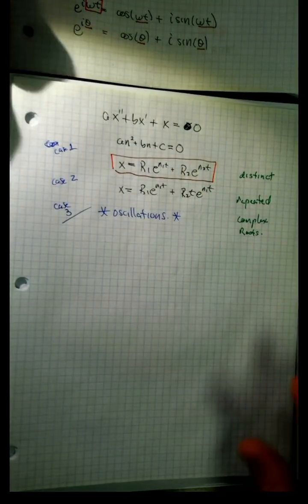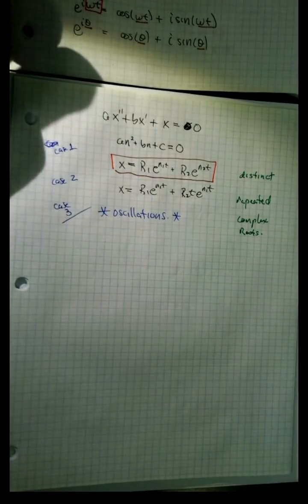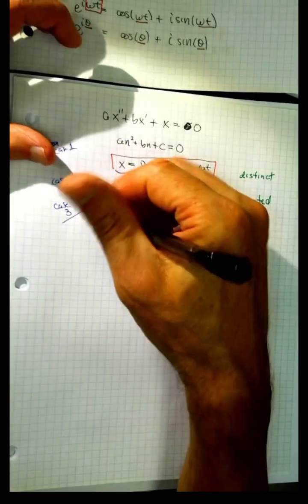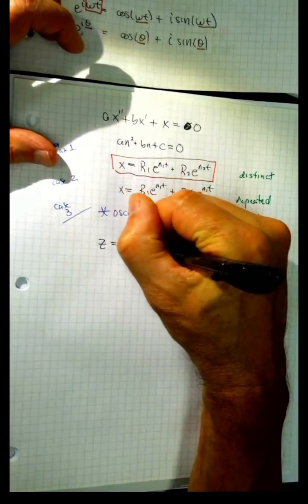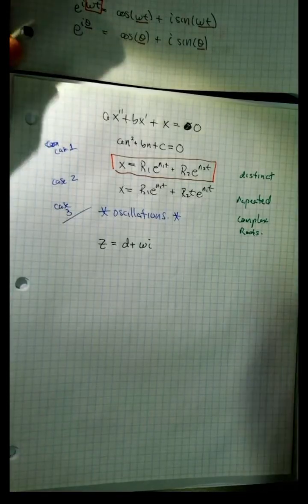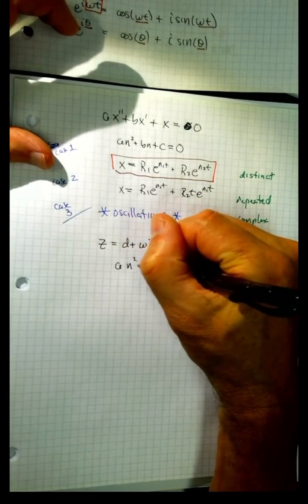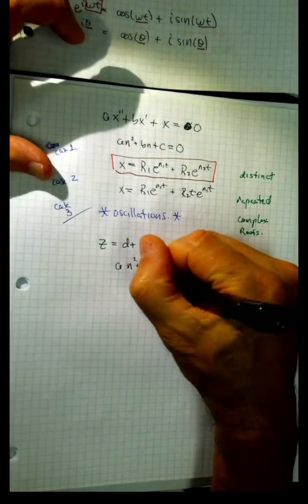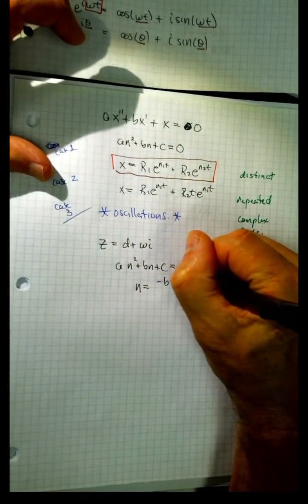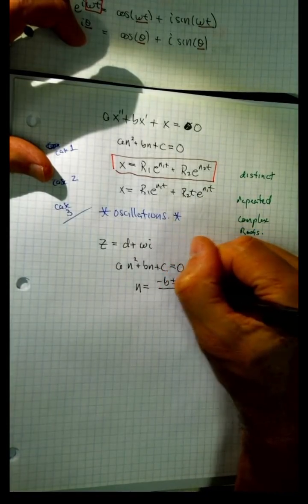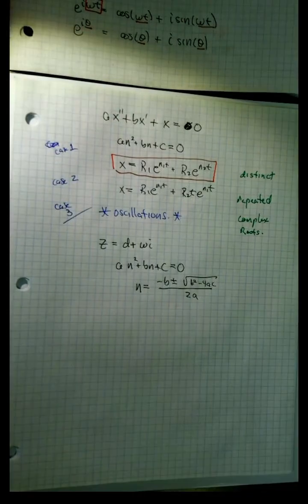Before we do this, in the context of DEs, we're going to explore this a little more and recognize that we're going to look at a situation where we're going to have z equals d plus omega i. Right? And this is coming from finding the roots of something like this. And if you use the quadratic equation, we have that.